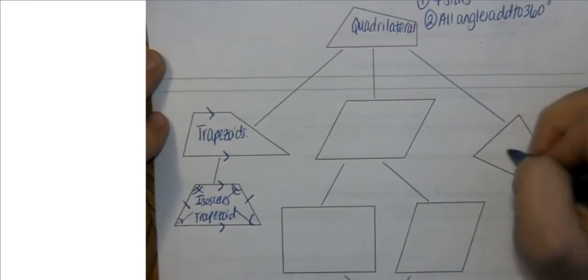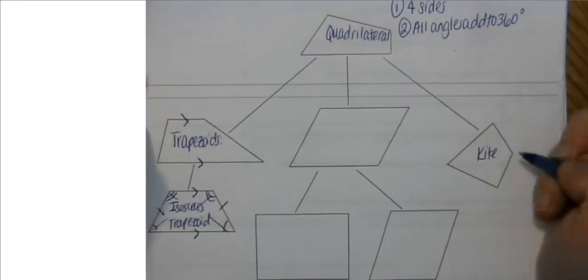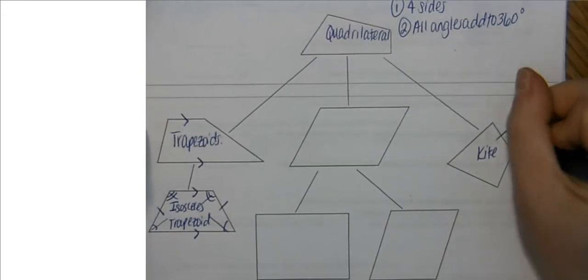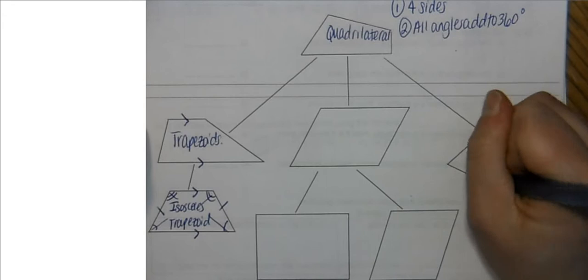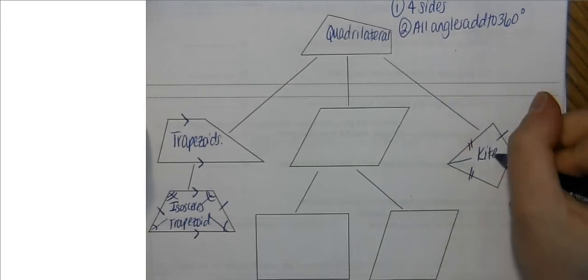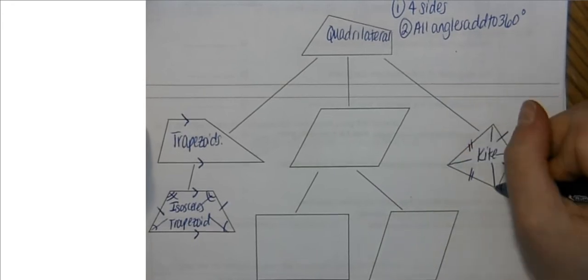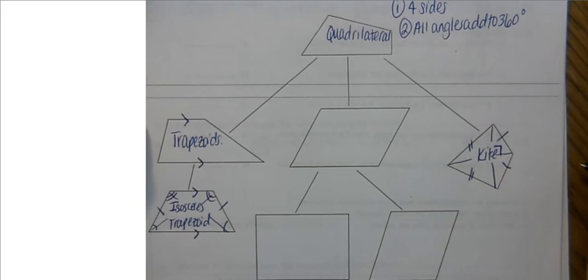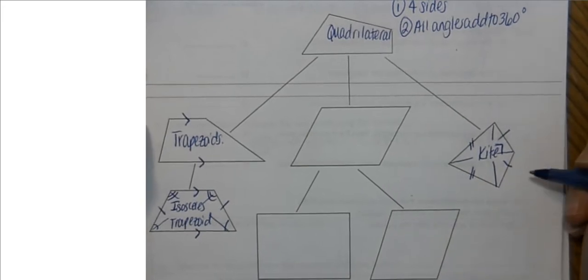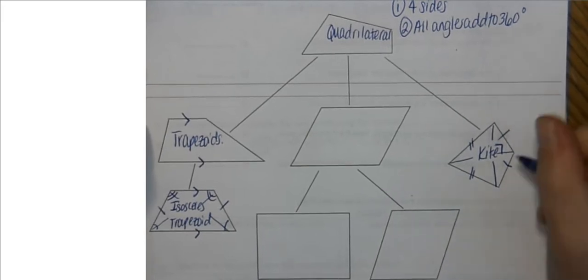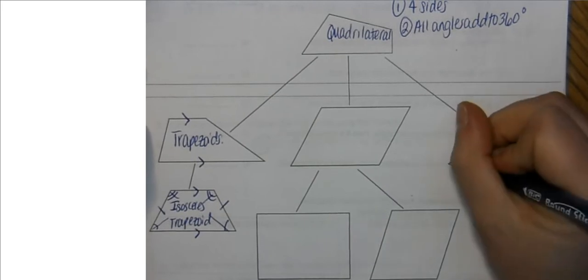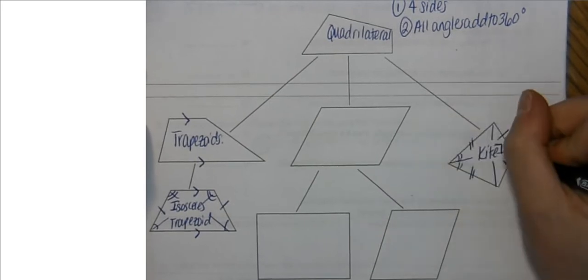Over here, this is a kite, and a kite has no parallel sides, but it does have consecutive sides that are congruent. It has diagonals that do not bisect each other, but instead form right angles. The diagonals only bisect one pair of angles.